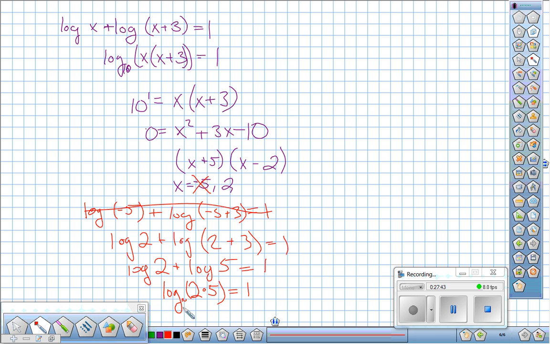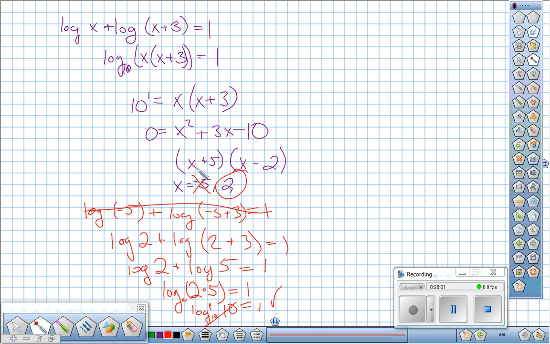Is that equal to 1? I have to remember that my base is still 10, and that will help me actually do this problem. 2 times 5 is 10. The log of 10 with a base of 10 is equal to 1. So positive 2 is my only answer.